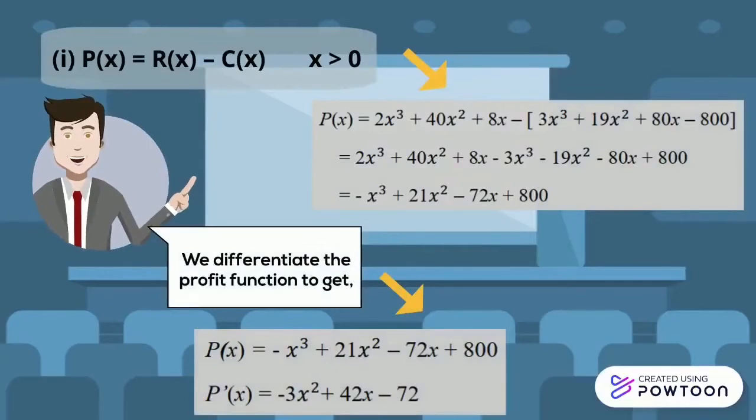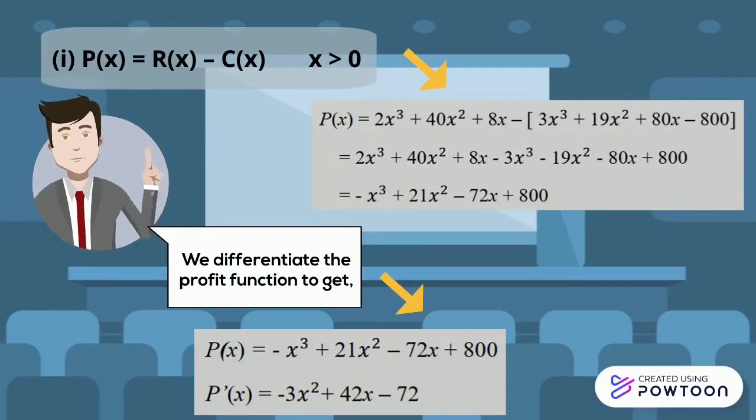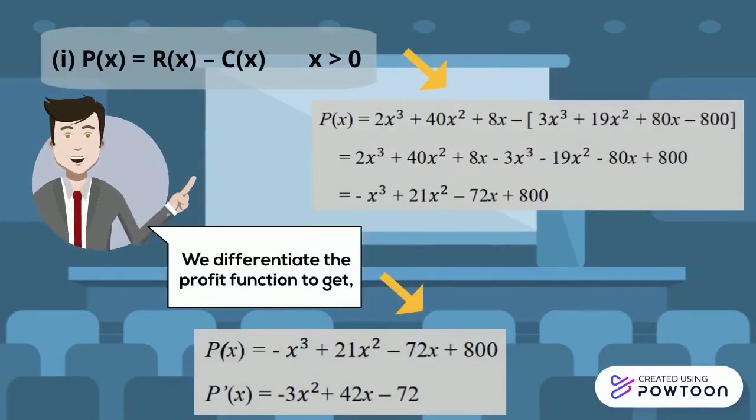To solve this question, we use the formula profit function equals revenue function minus cost function. We substitute the functions into the formula and get negative x cubed plus 21x squared minus 72x plus 800.